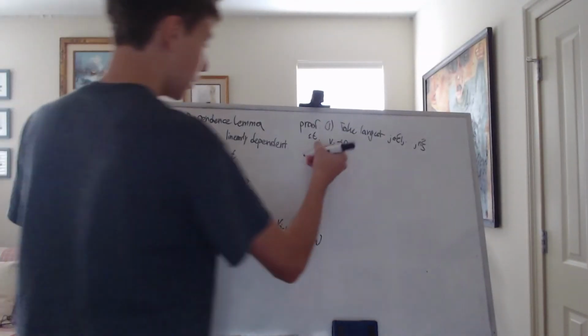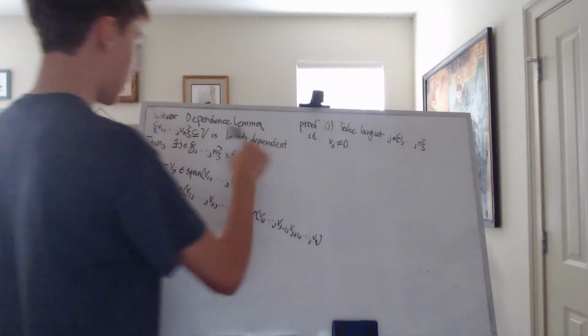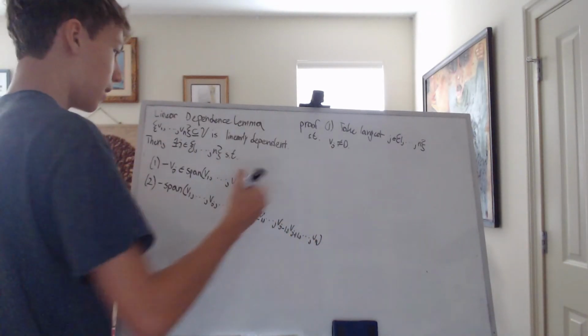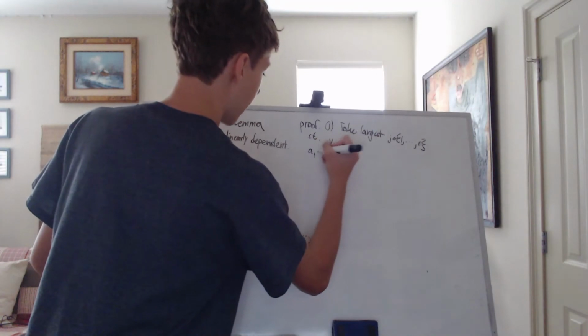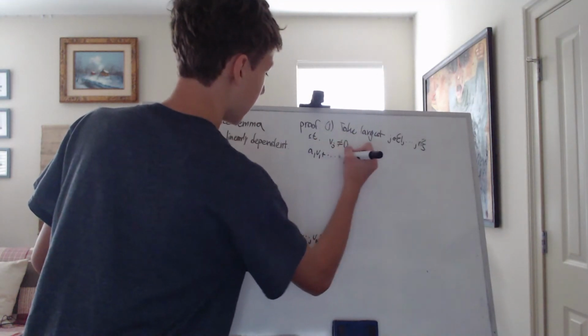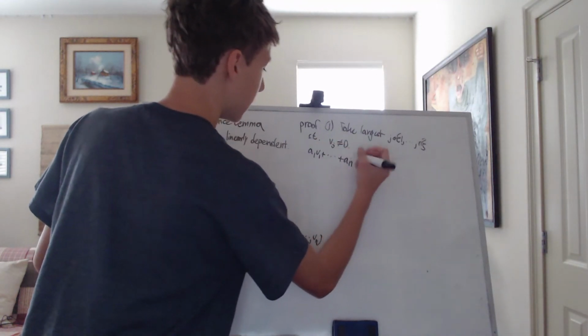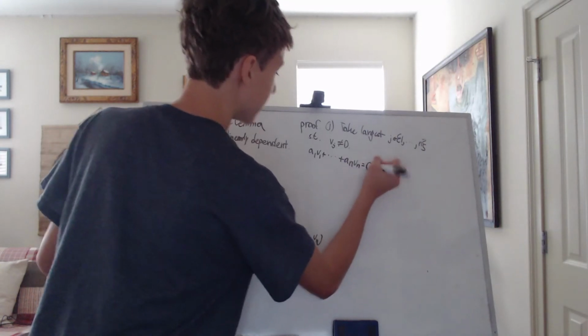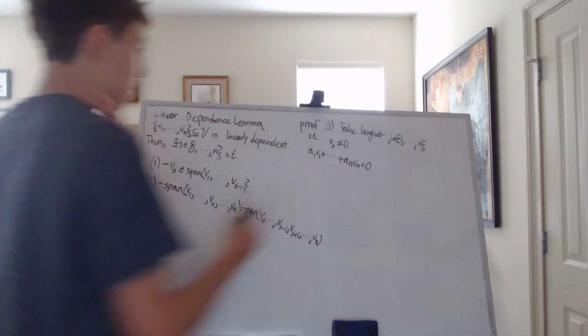And now, well, by definition, there exist a1, v1, and so on through vn such that this equals 0.